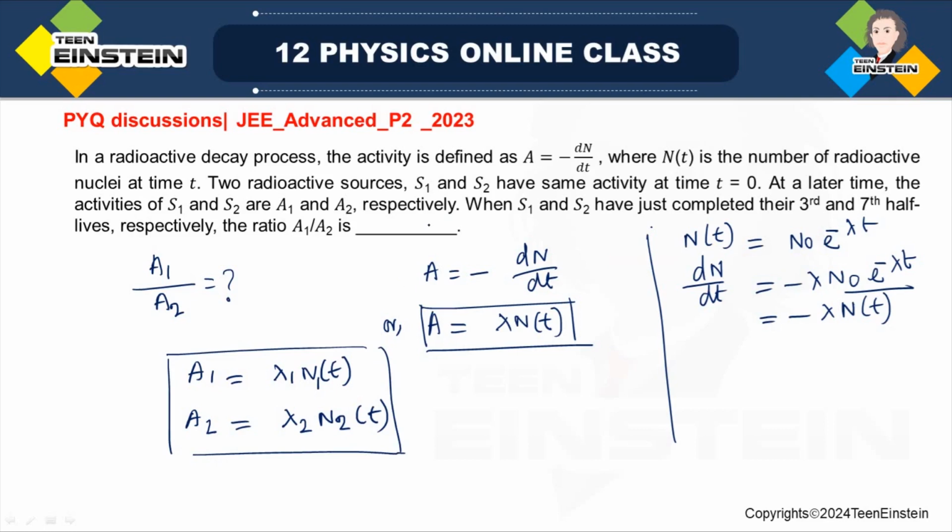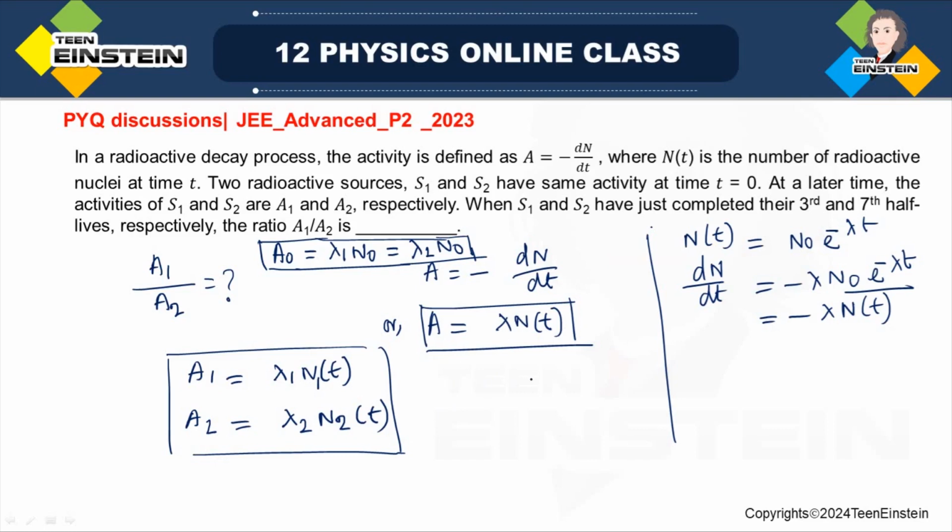Now one more piece of information given is that the initial activity A0, which I can write as lambda 1 N0, is equal to lambda 2 N0. So these are the initial activities for the samples and they are equal to each other. I have written both of them equal to A0.